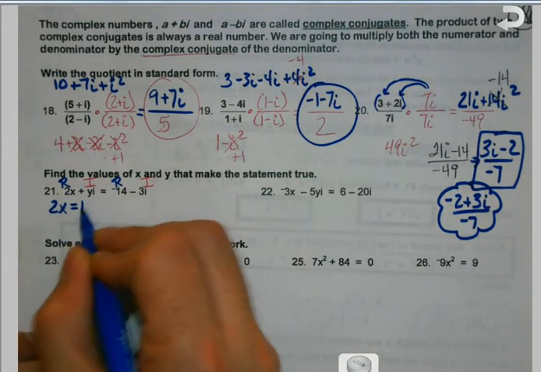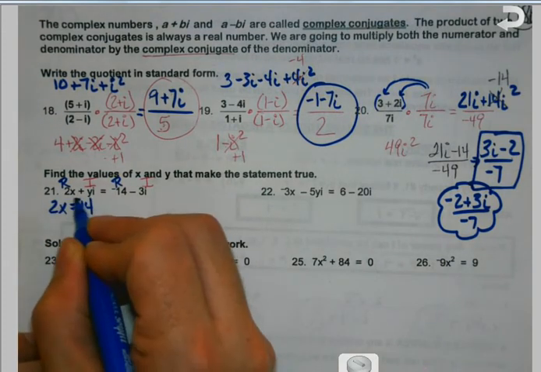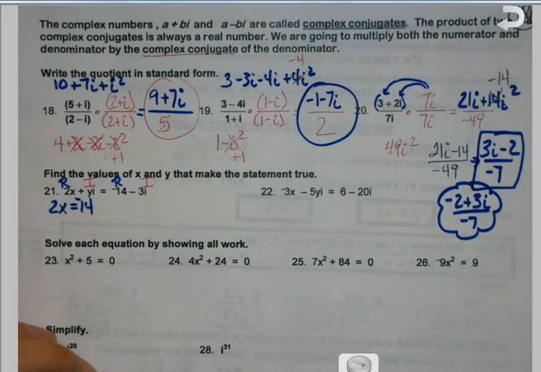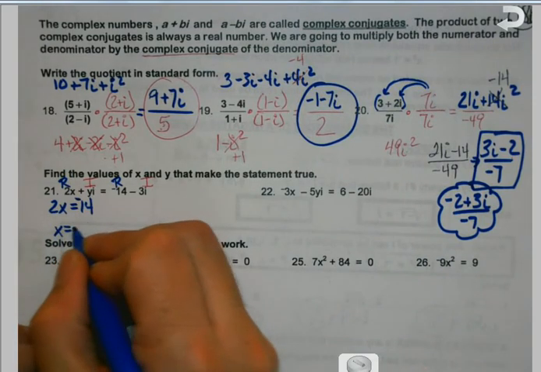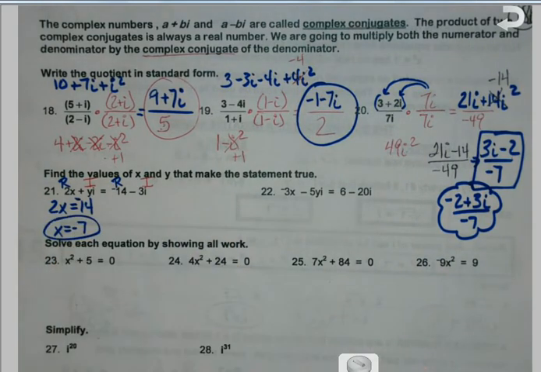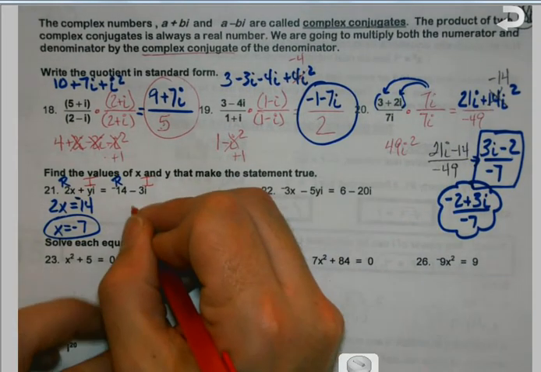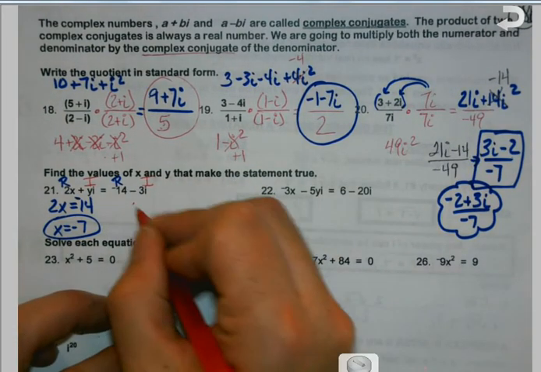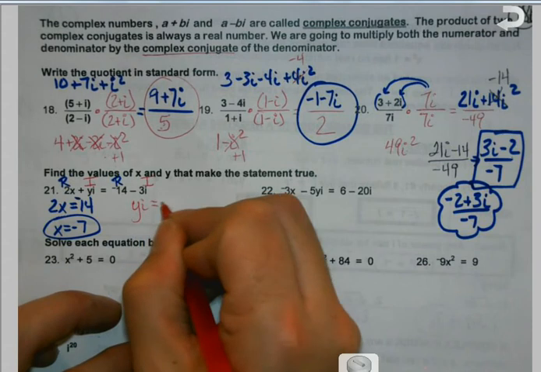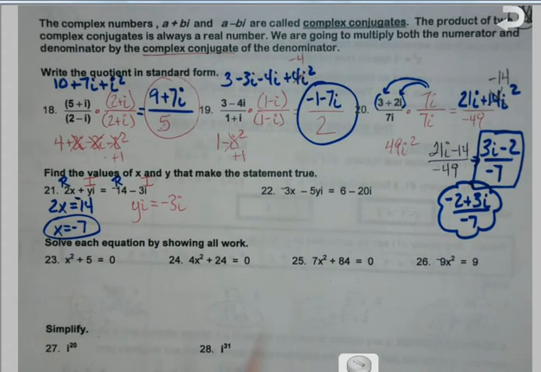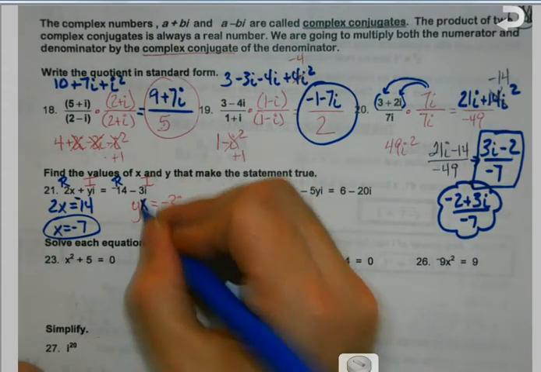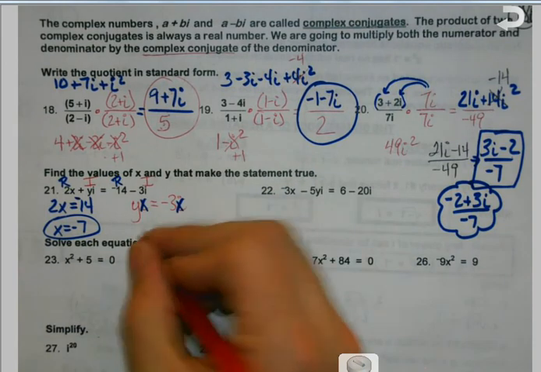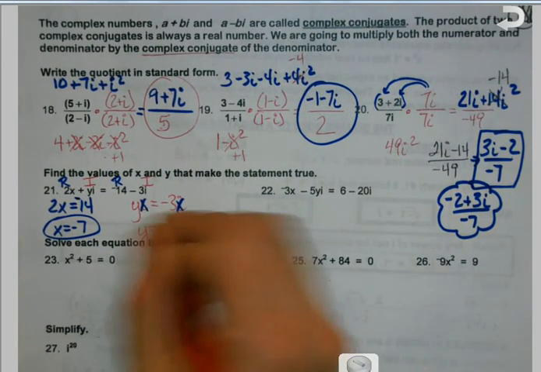So in my reals, 2x equals negative 14. I can divide by 2, get my negative 7, so there's my x. With my y, I look and I'm like, well, yi equals negative 3i. Well, both sides have an i, so they cancel. y is negative 3.